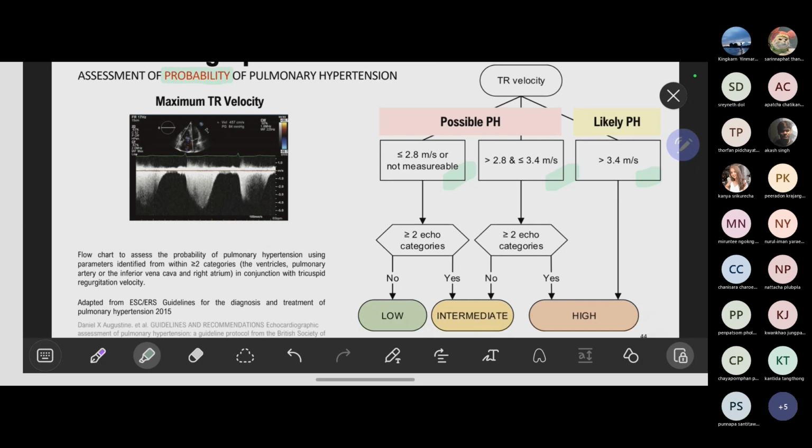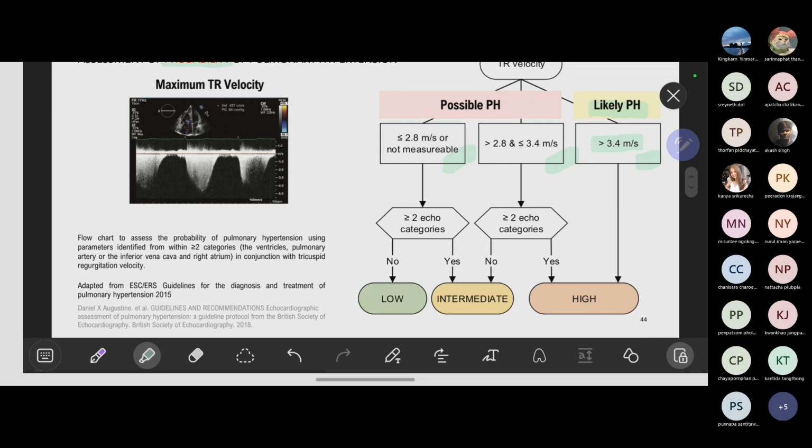The probability of pulmonary hypertension is likely when TR max velocity is more than 3.4 meters per second, and possible when TR is less than 3.4. Finally, the probability of pulmonary hypertension can be graded into low, intermediate, and high.